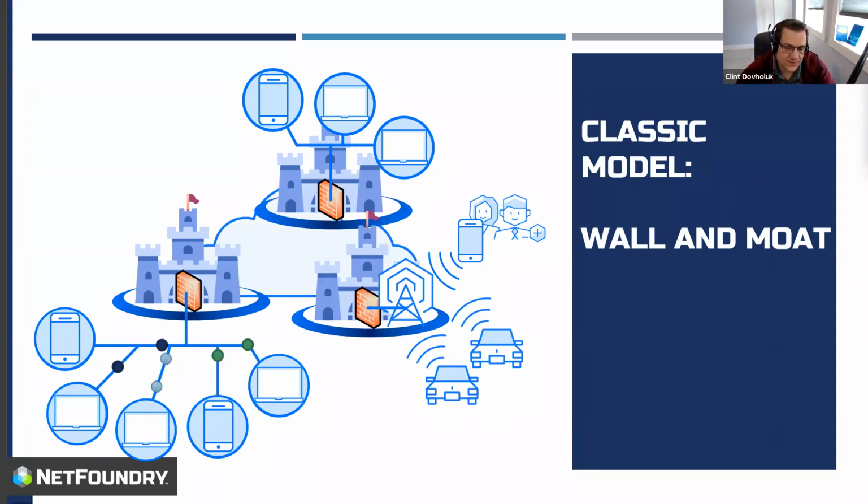So oftentimes that moat can be breached, that wall can be breached through a drawbridge, what we might call a firewall. The key part of this diagram is that if you have gotten behind the walls, if you've gotten over the moat, then you are considered trusted and all of your data can be sent to any other machine on that network. I think we all realize that this is not exactly the best situation in today's world.